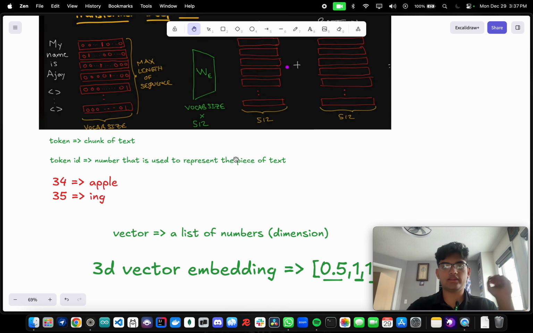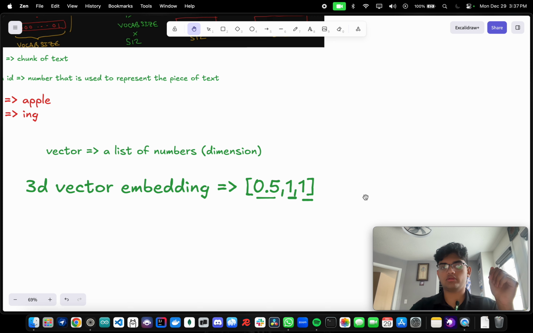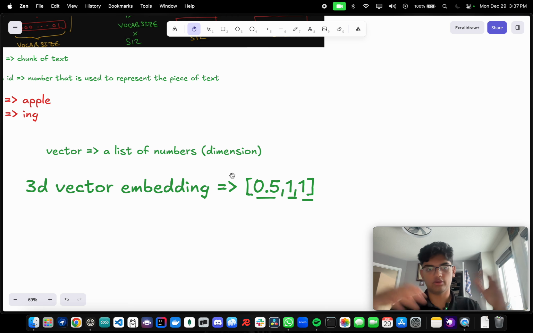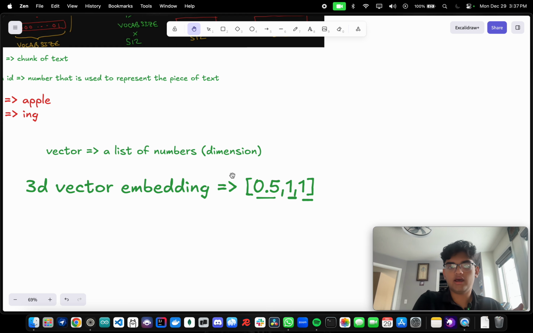Okay, so in this case, this 512 just means that there's 512 different numbers, right? So 512 dimensions. Modern day LLMs can go really high; it's ridiculous. It can go to like 4,000 and whatever. But really, the same concepts apply to a 3D vector as a 1000D vector, right?